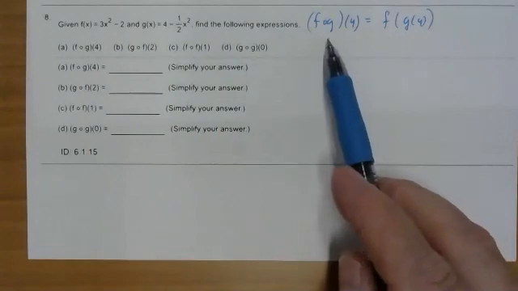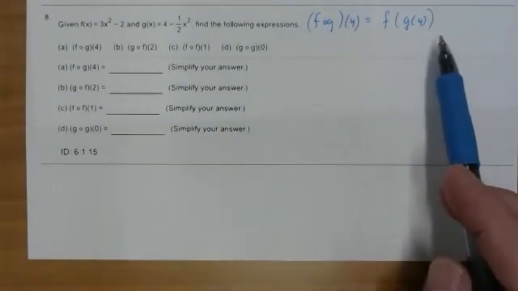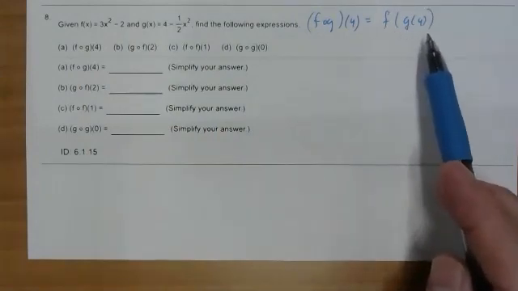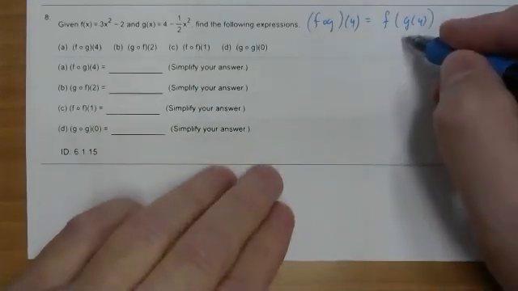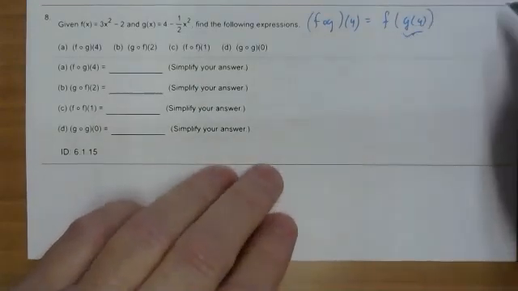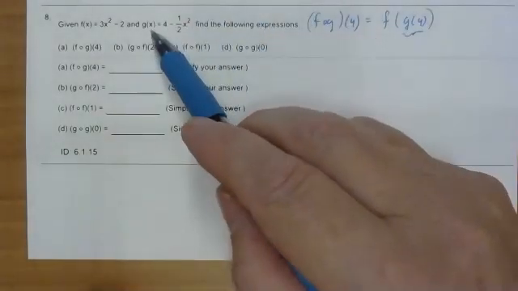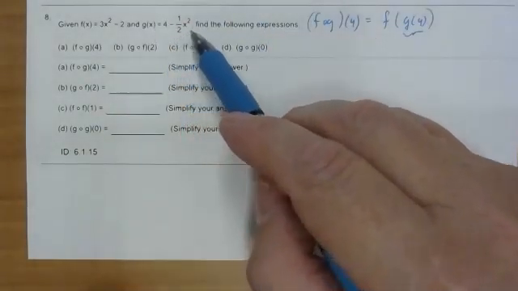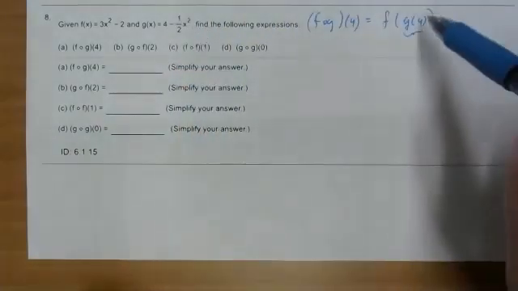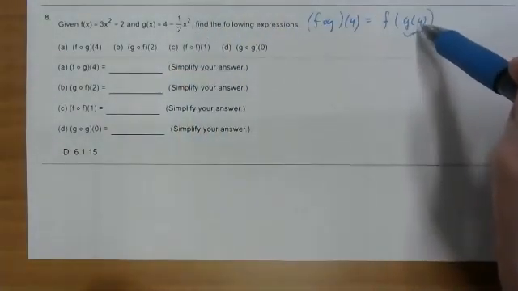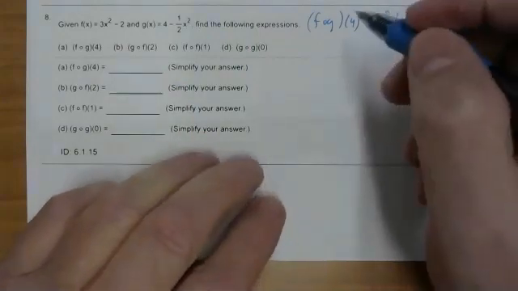So a composite function, another way of saying that is f of g of 4. What that means is I'm going to first go find g of 4. I'm going to go to my g function, plug in 4 for x, get a number, and then I'm going to plug that number in for here, and then we'll see what we do next.